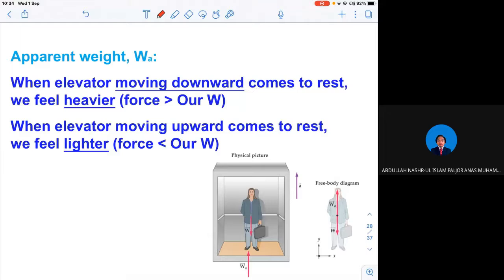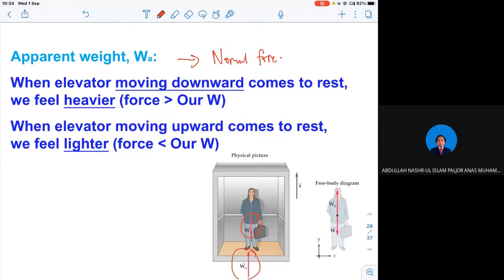Now we must look at the normal force. Actually, the other name for apparent weight is the normal force. I should call it a normal force, but there are specific names when the object or the human is in an elevator. If someone is standing on the elevator and there is some acceleration involved, you can see that there is weight, obviously directed downward.